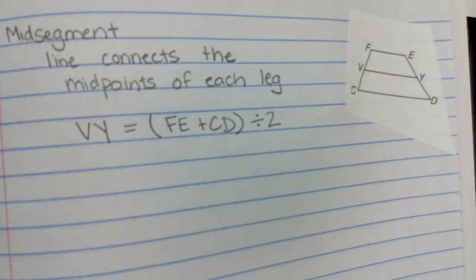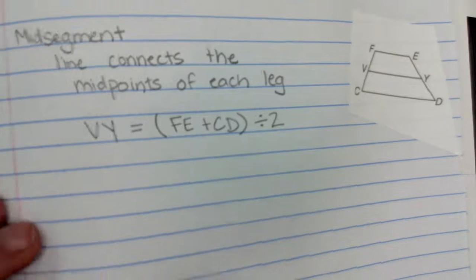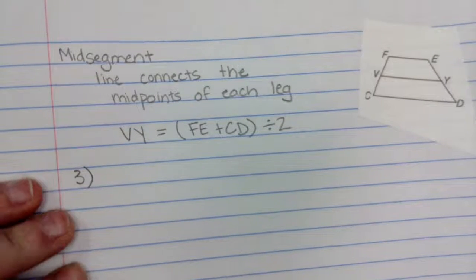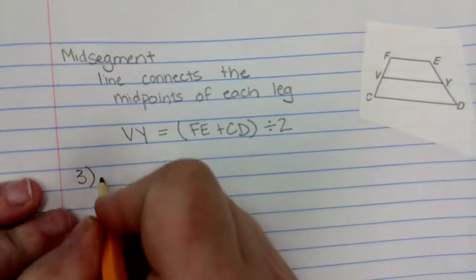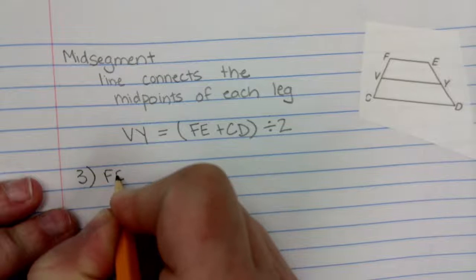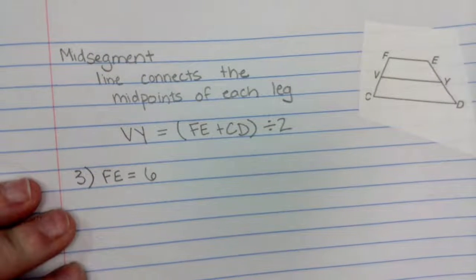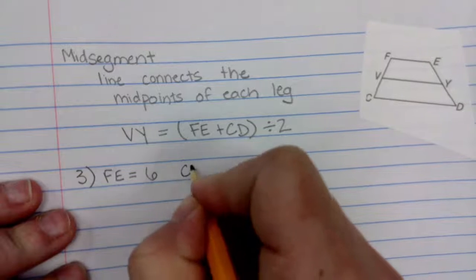So, for example, we're on example number 3 now. If I know that FE is 6, and CD is 14, how could I find VY?